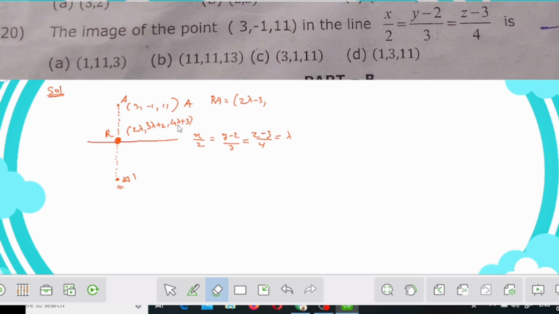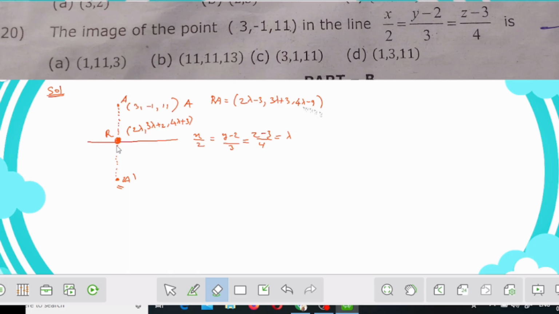The second value, 3 lambda plus 2 minus minus 1, the minus 1 will become plus, so 3 lambda plus 3. And z2 minus z1 is what? 4 lambda plus 3 minus 11, that becomes 4 lambda minus 9. These are the direction ratios of the line RA.